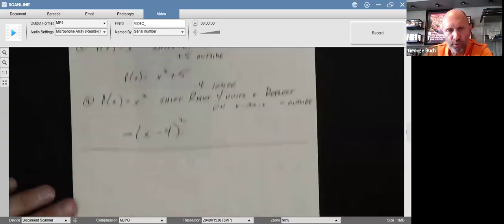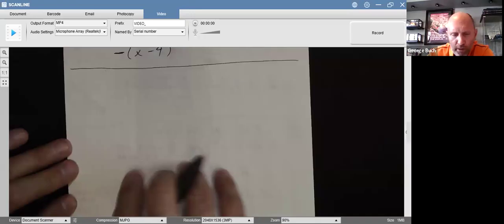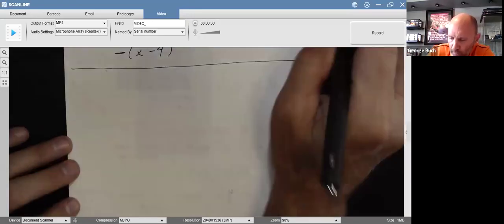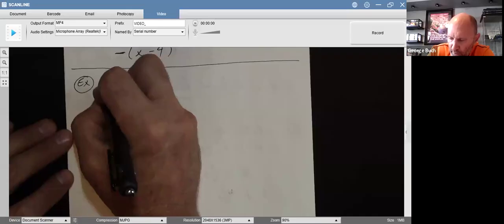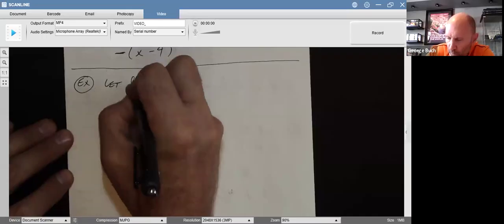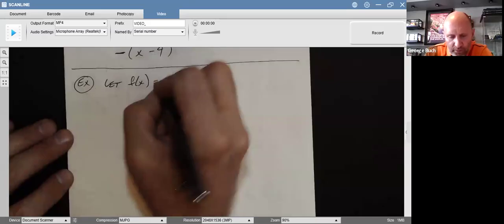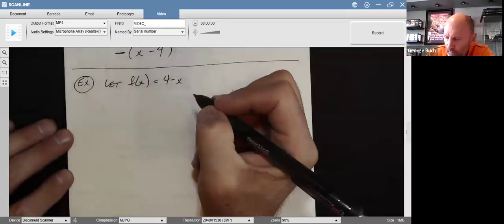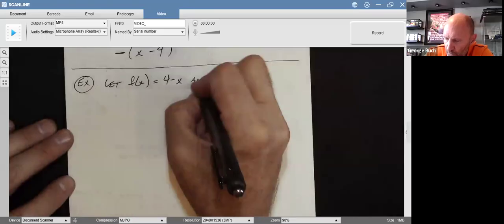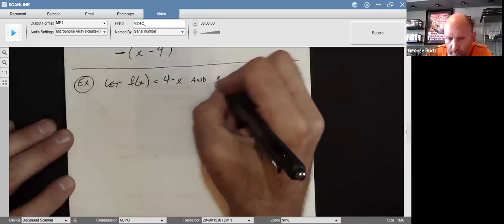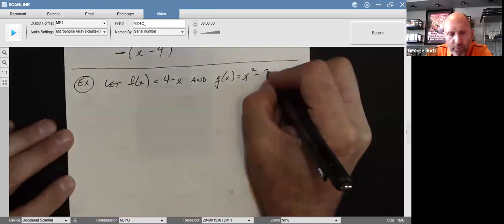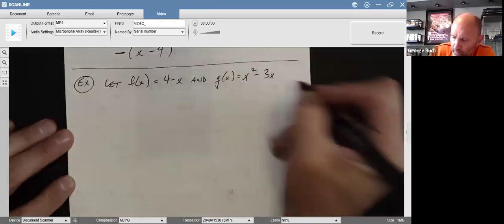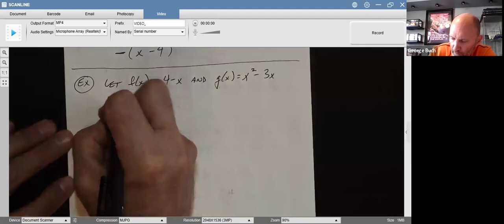All right, so that's our transformations. What about our algebra of functions? So let's say we have the following. Let f of x equal 4 minus x, and g of x is equal to x squared minus 3x. So we want to find the following.